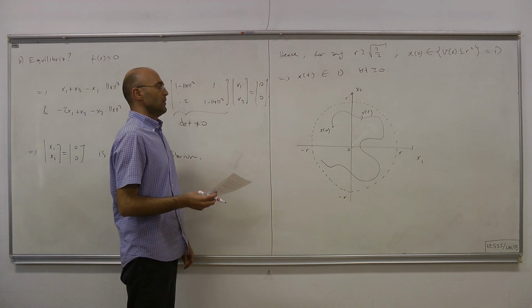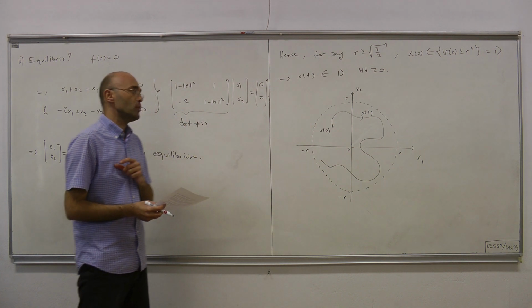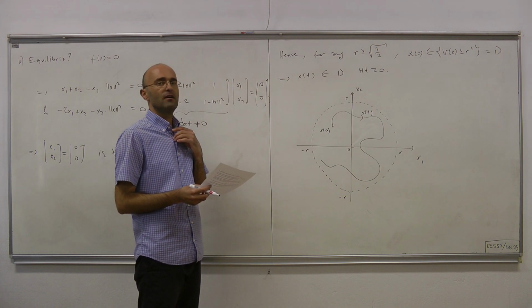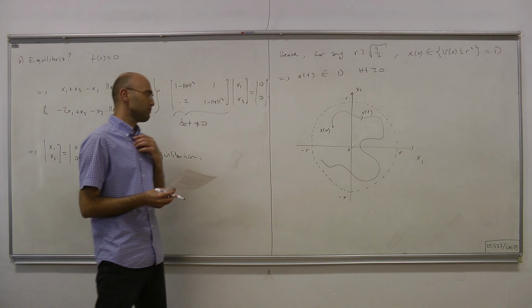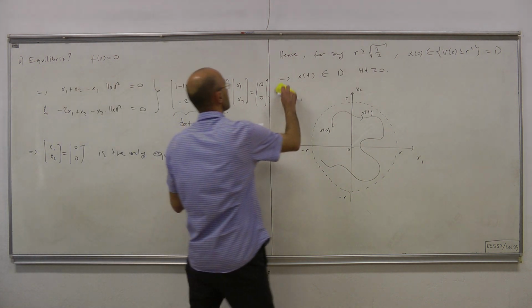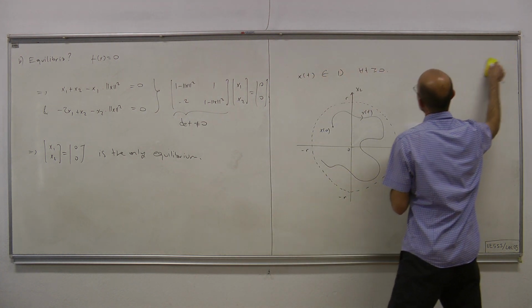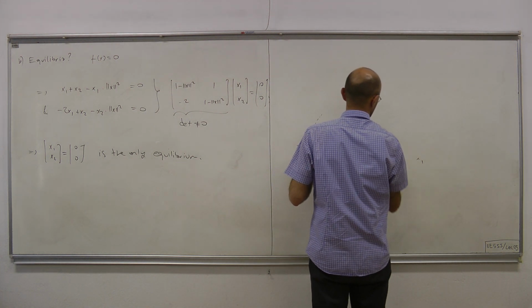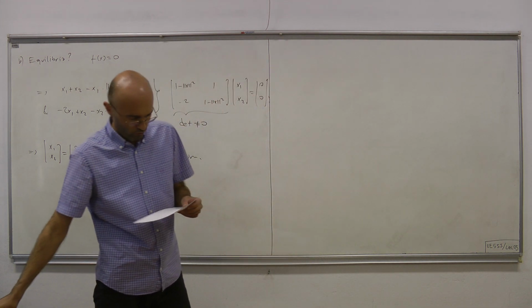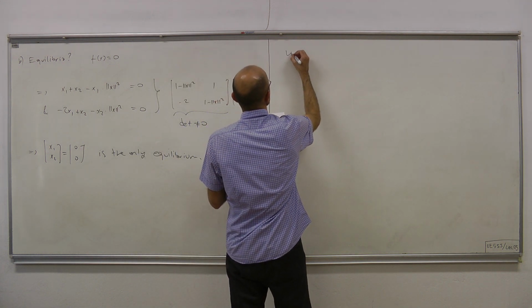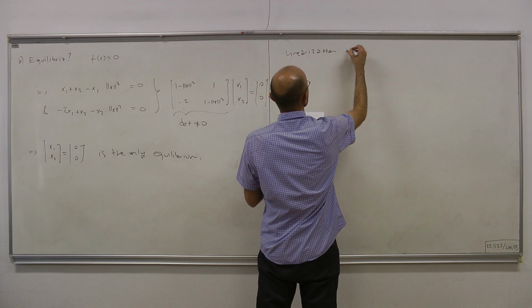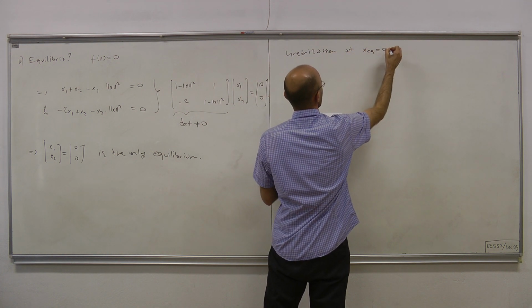Now, since it contains one equilibrium point, what we have to do next is check the eigenvalues of the Jacobian corresponding to the linearization at that particular equilibrium. So that's the next step: linearization at the equilibrium.